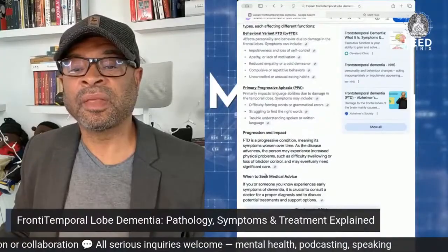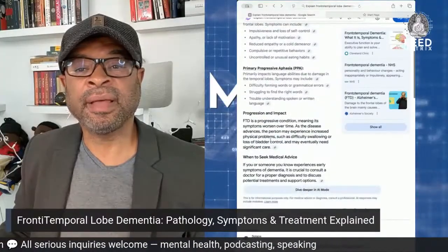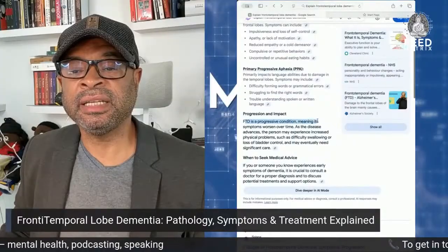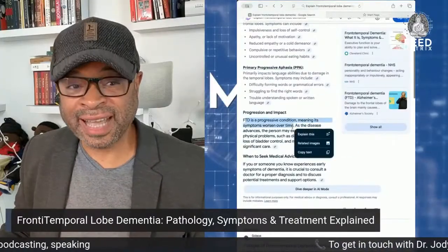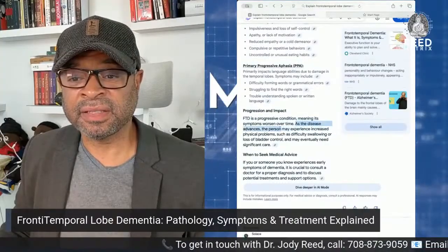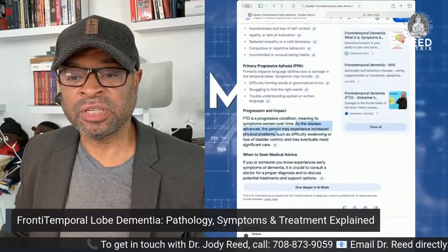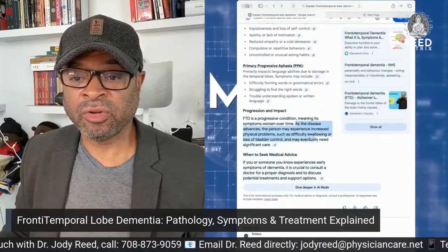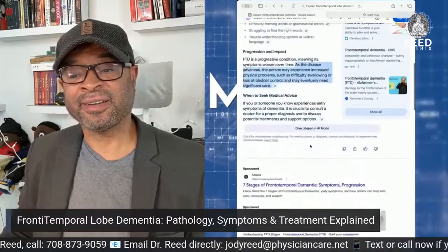Let's see here. Progression and impact. FTD is a progressive condition, meaning its symptoms worsen over time. As the disease advances, the person may experience increased physical problems such as difficulty swallowing, loss of bowel control, or may eventually need significant care.